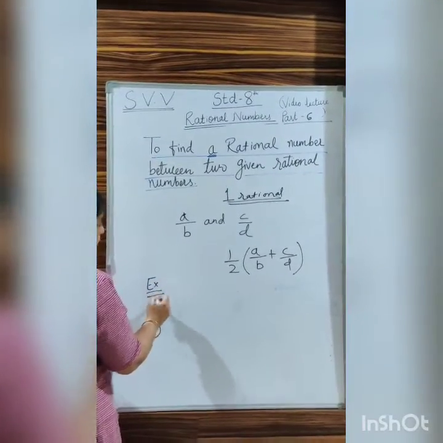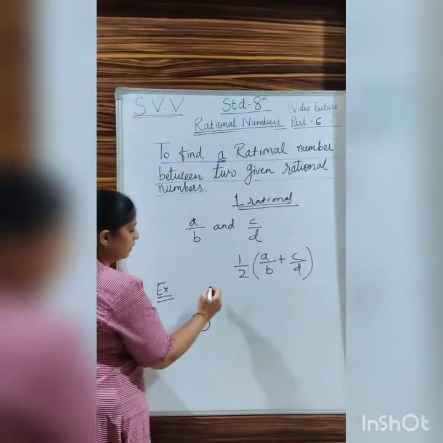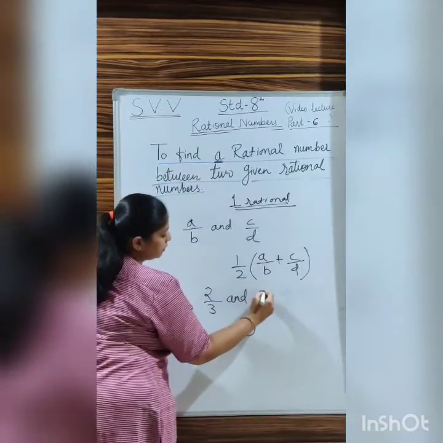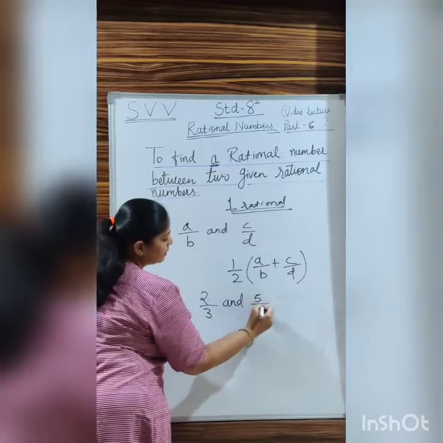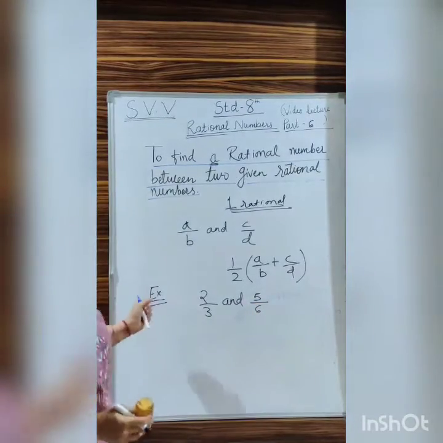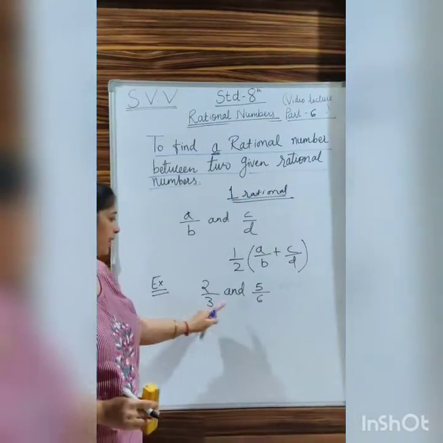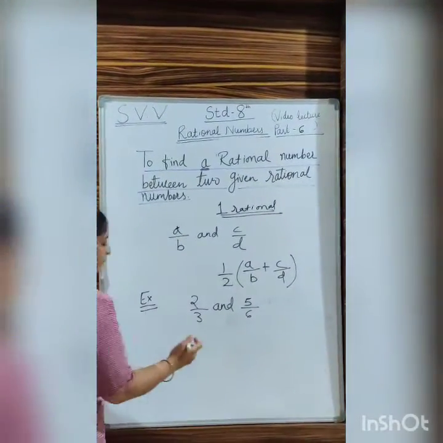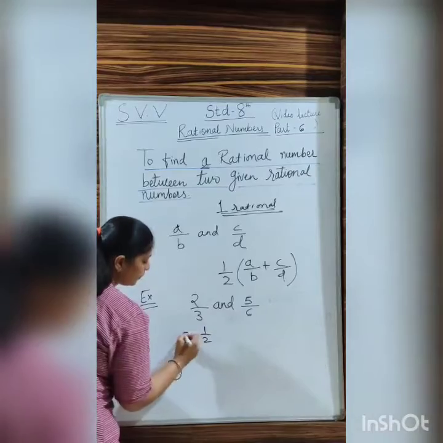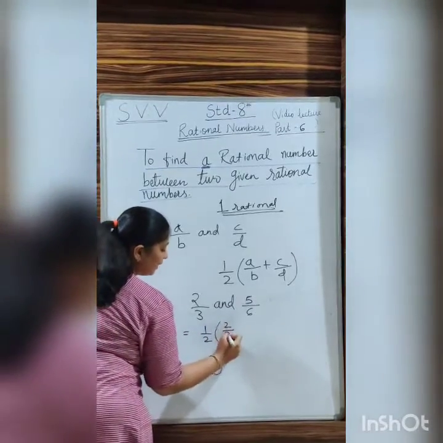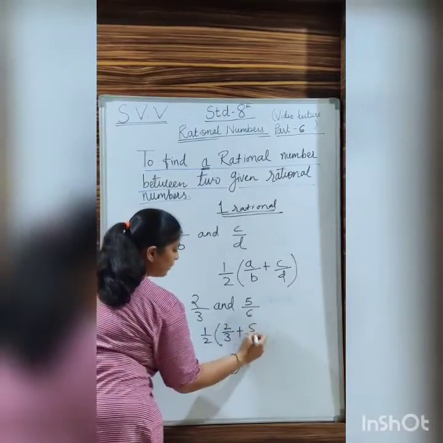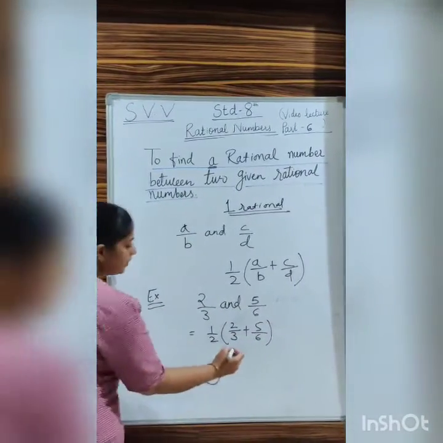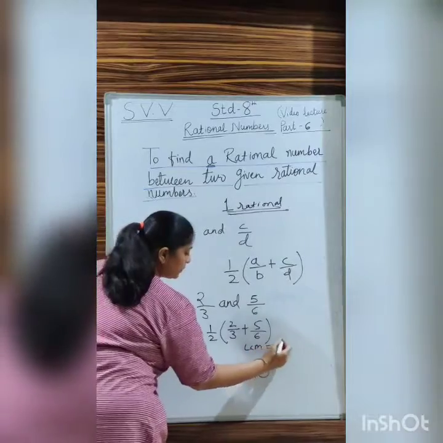So go with an example. If you have to find a rational number between 2 by 3 and 5 by 6, how to calculate it? Simple. 1 by 2 times (2 by 3 plus 5 by 6). Now 2 by 3 plus 5 by 6, again you have to find the LCM, that will be 6.